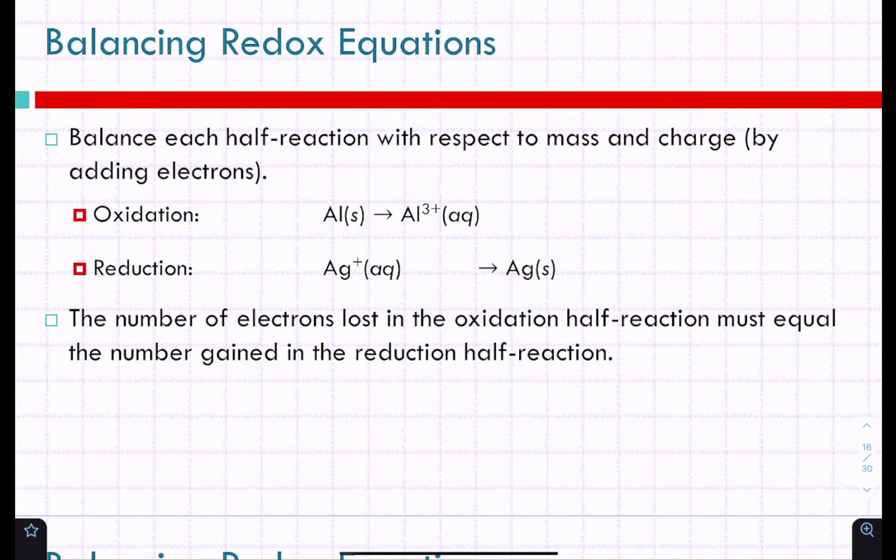But the charges aren't balanced, because for the oxidation half reaction, aluminum has 0 charge, Al3+ has a 3+ charge. And we need that charge to be the same on both sides. So we can add in electrons, e minus.